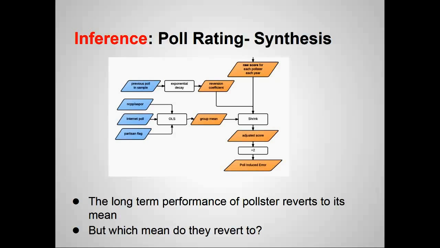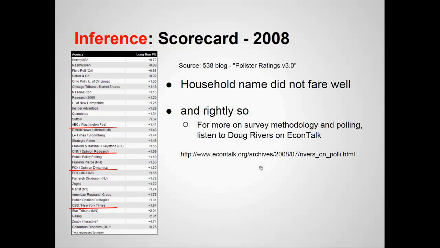But if you don't have that many polls in my sample, I don't want to really shrink you to the mean because I know very little about your performance. After the shrinkage, you just get the adjusted score, and you add 2, you get the poll-induced error, which is strictly a positive number.